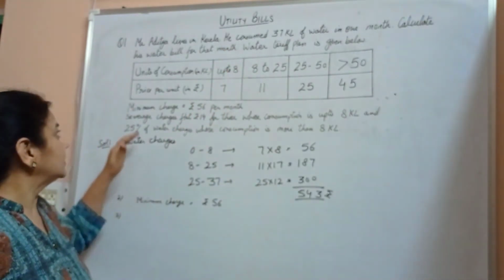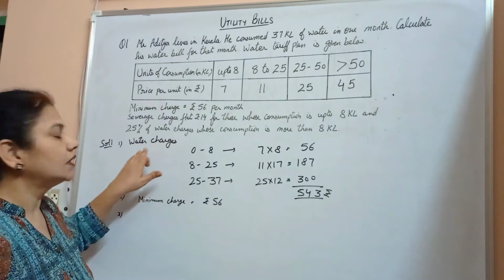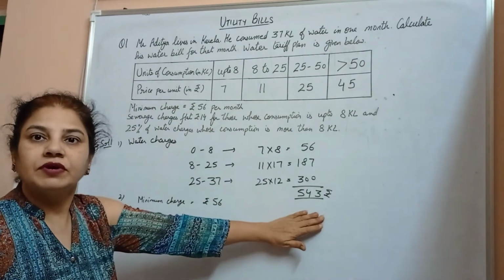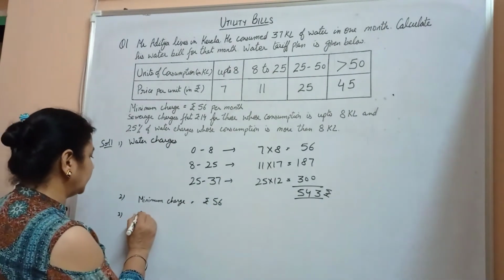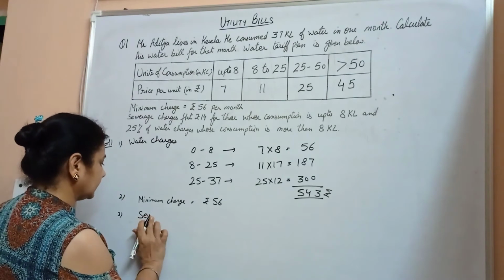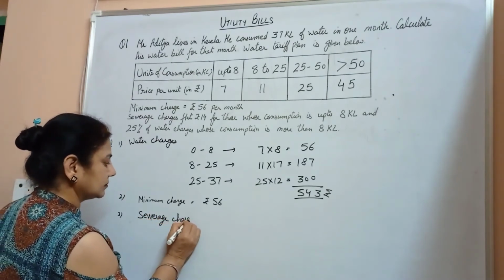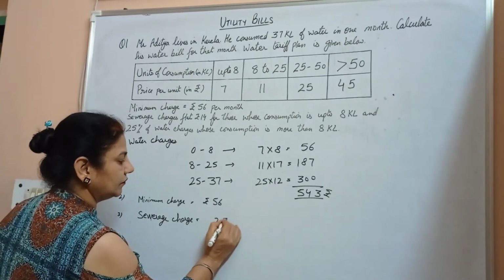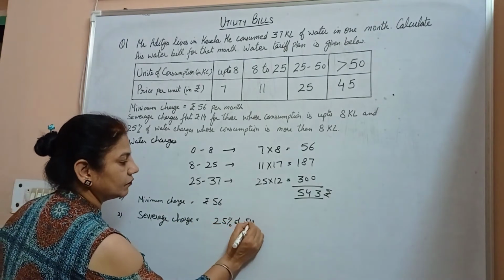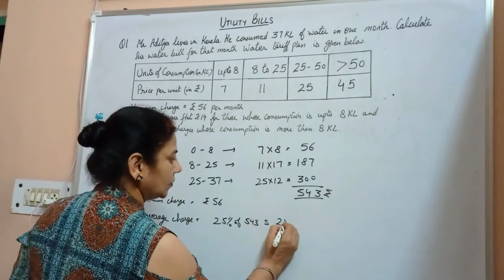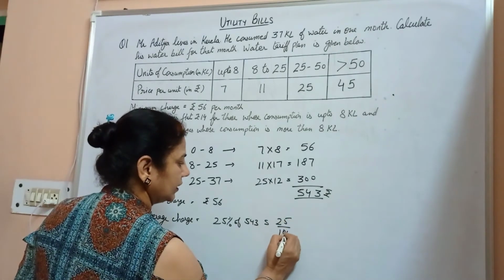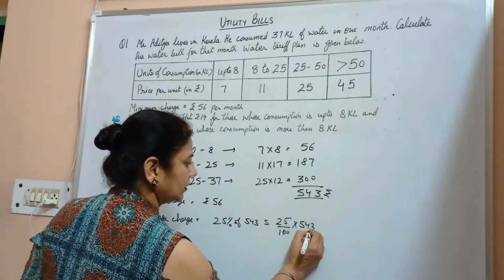Therefore, his sewerage charges are 25% of the water charges, that means 25% of 543. So sewerage charges will be 25% of 543. That comes out to be 25 upon 100 into 543.